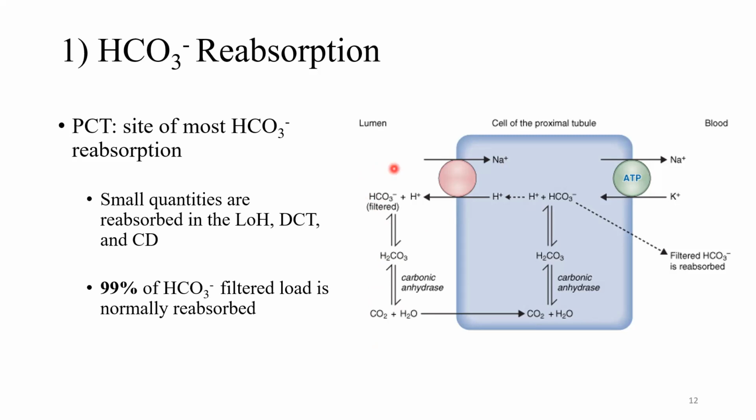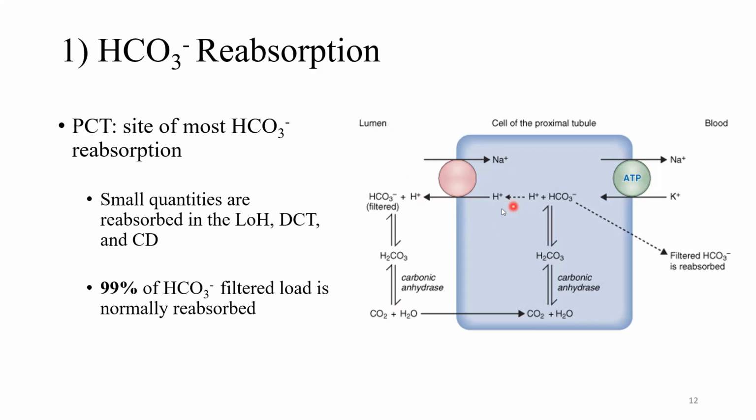You got that? Decrease ECF volume, decrease GFR, decrease amount of fluid, less velocity, passing through the PCT in the neighborhood of this antiport mechanism. Sodium stays around a bit more, and this basically increases the reabsorption of sodium because it will facilitate the binding of sodium, because of the decreased velocity.